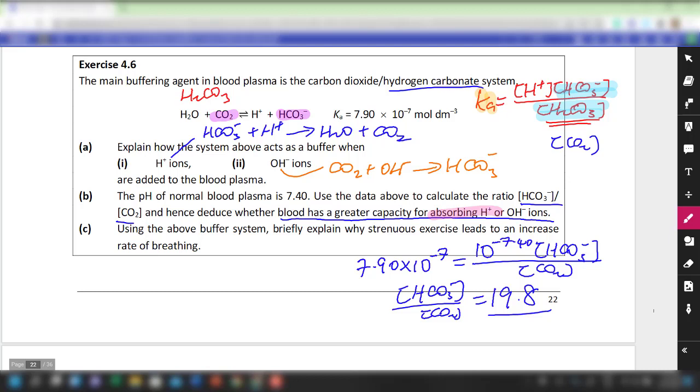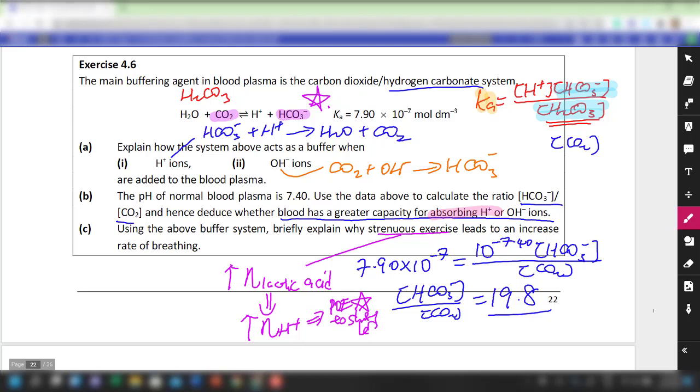So strenuous exercise leads to an increase in the amount of lactic acid. An increase in the amount of lactic acid will lead to an increase in the amount of H plus. The increase in the amount of H plus will, I call it star, result in the position of equilibrium of the star to shift left.